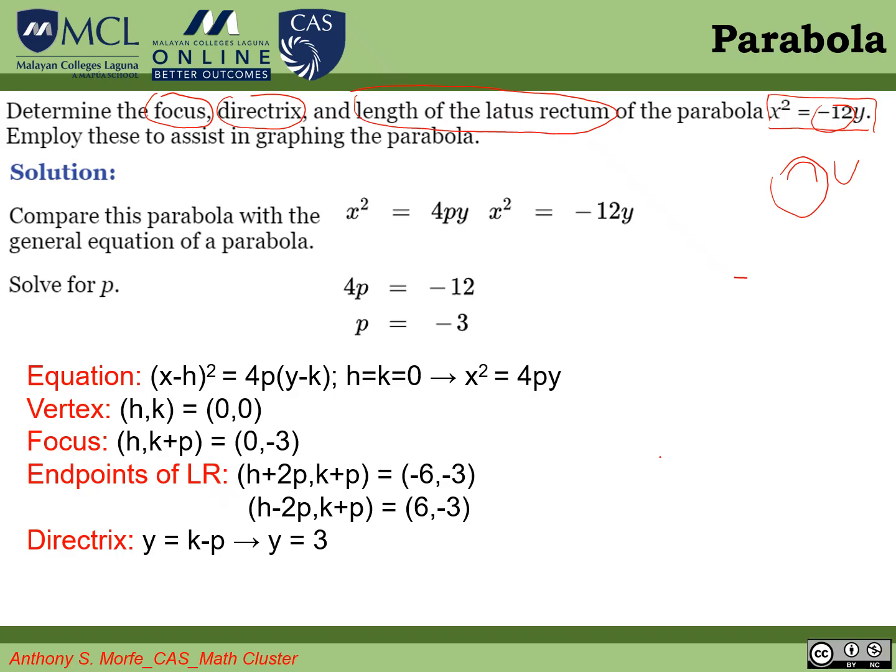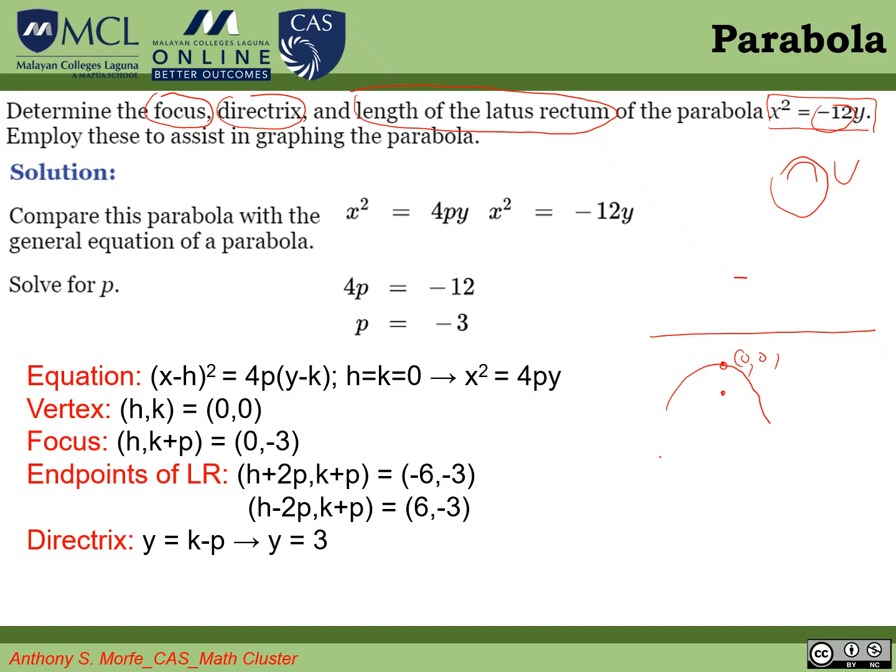So if x is being squared, the parabola opens up or down, so our directrix is parallel to the x-axis. If the parabola is something like this, our directrix is here. The vertex is 0, 0.